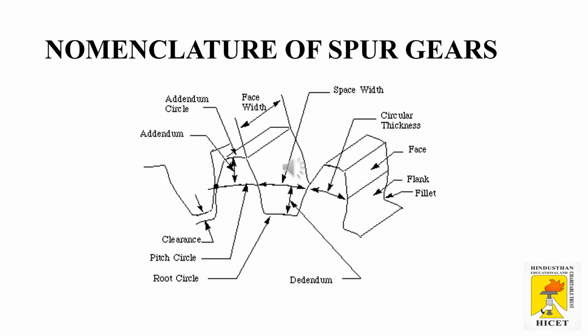Next one, pressure angle or angle of obliquity. It's a very important term used in gears. The pressure angle is the angle between the common normal to two gear teeth at the point of contact and the common tangent at the pitch point.